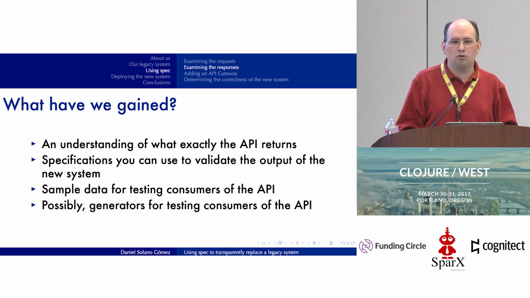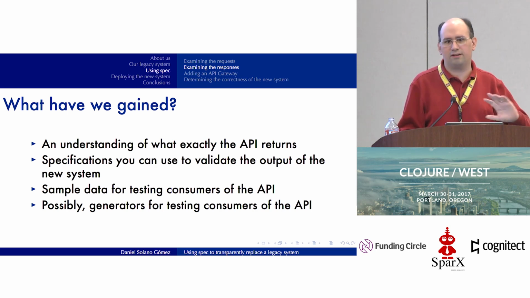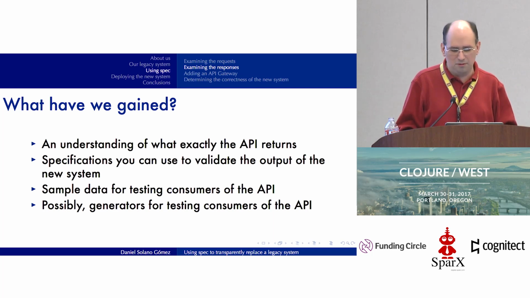But say you were also working on a client for this particular API. Well, now you have a generator or sample data that you can use for testing your client. In our case, we didn't write the client. We have nothing to do with the client, so we didn't use it for that.